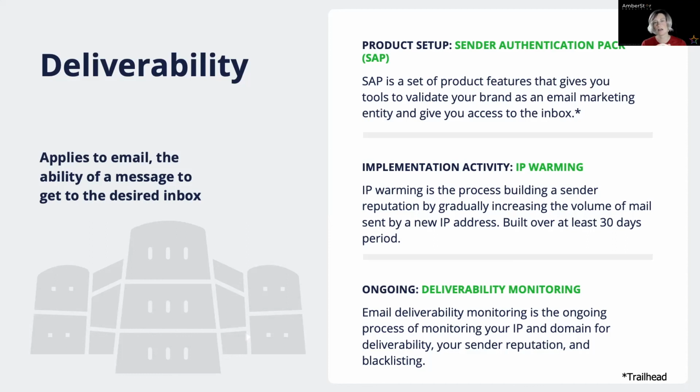And then just to highlight that deliverability is an ongoing activity. Just like with adoption with Salesforce Core, an admin needs to keep an eye on deliverability and the sender reputation of their Marketing Cloud IP domain, to make sure that, over time, the messages are being delivered into the inbox that they want them to.